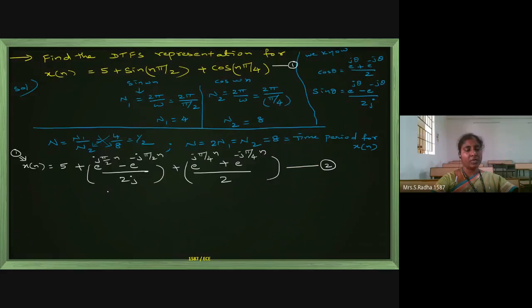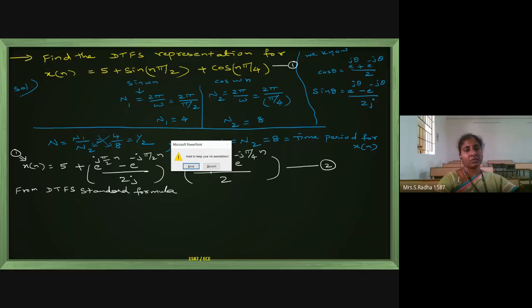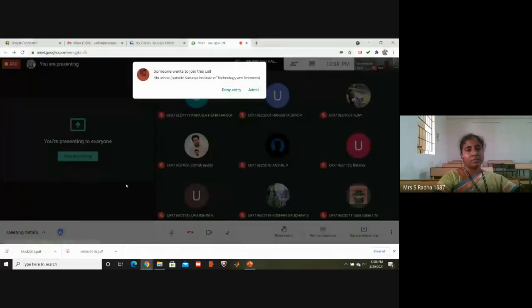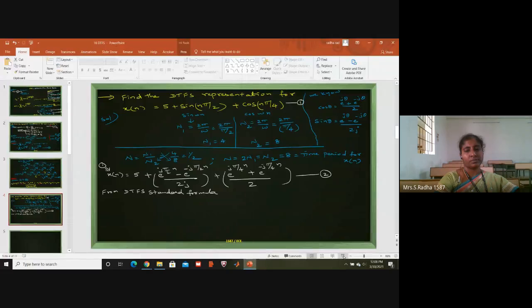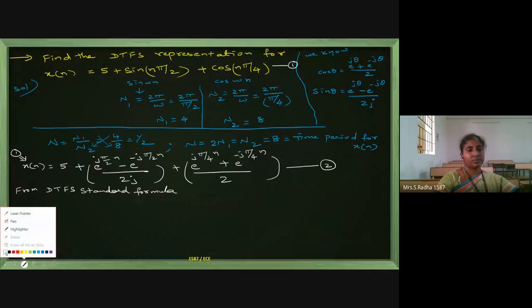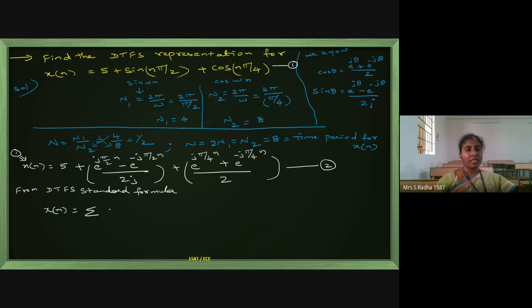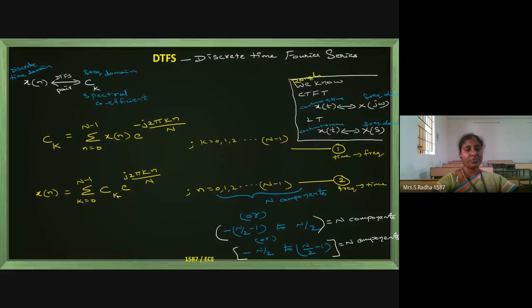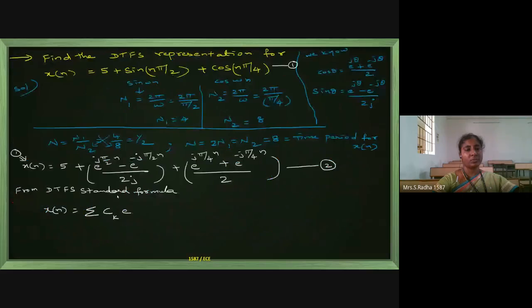So from the DTFS standard formula, we know that x of n equal to summation, we have ck and exponential power is positive, e power j 2 pi kn divided by capital N, and here it should be k equal to 0 to N minus 1.